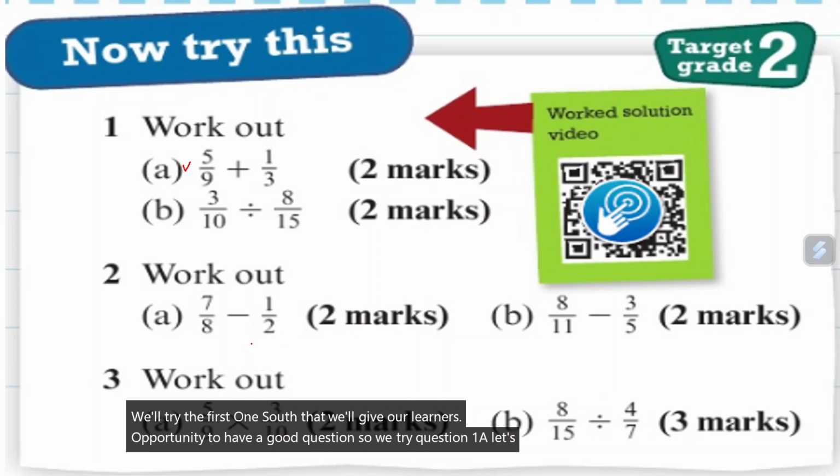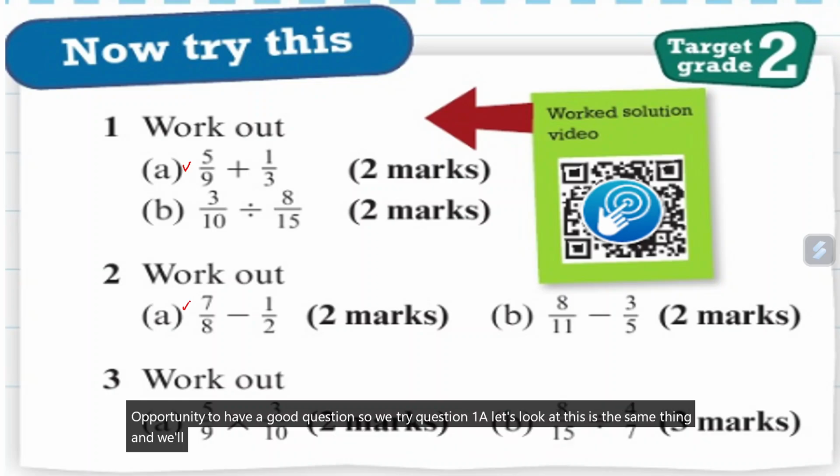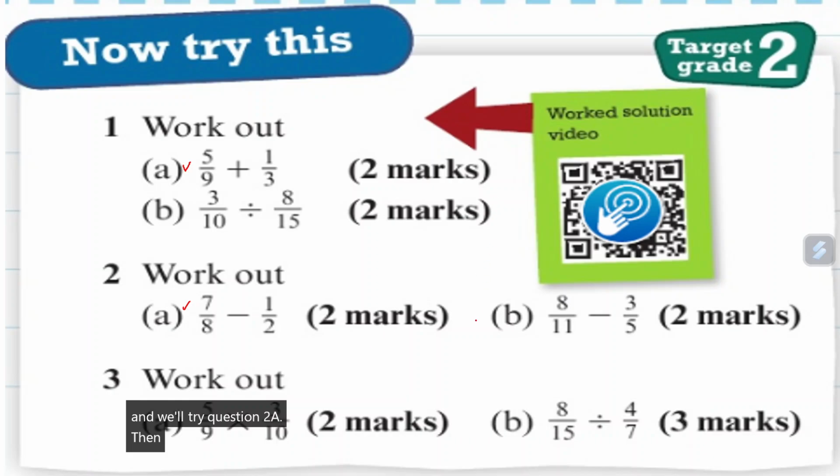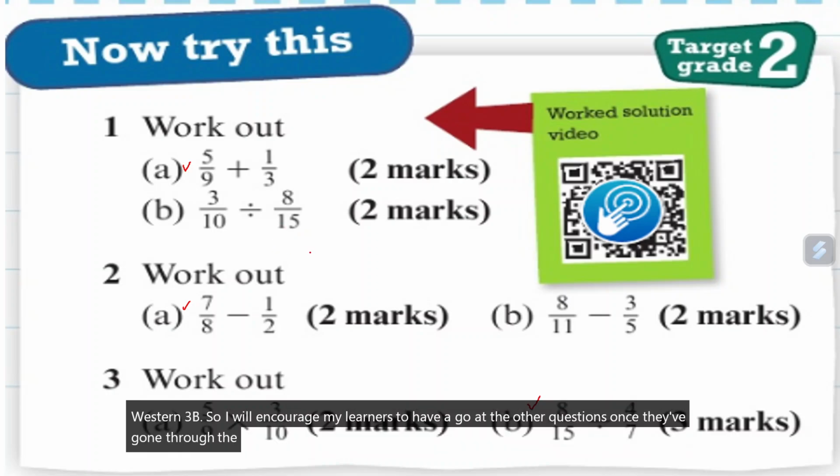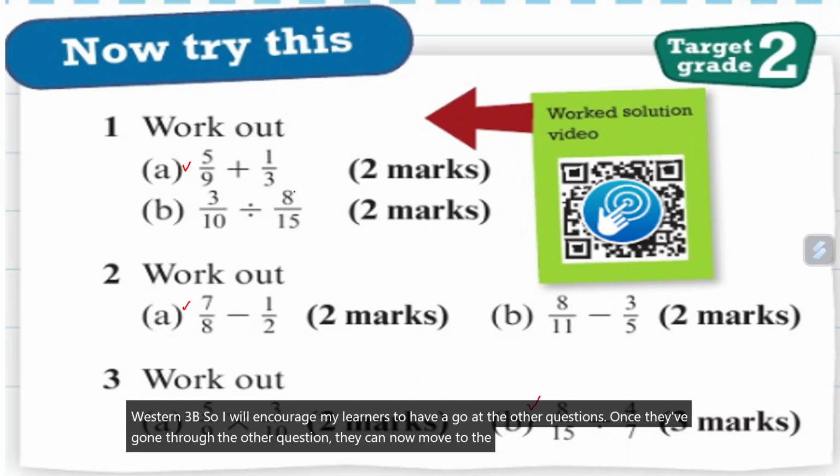Let's look at this. This is the same thing, and we'll try question 2A. Then we have a go with question 3B. So I will encourage my learners to have a go at the other questions. Once they've gone through the other question, they can now move to the next slide to cross-check their answers.